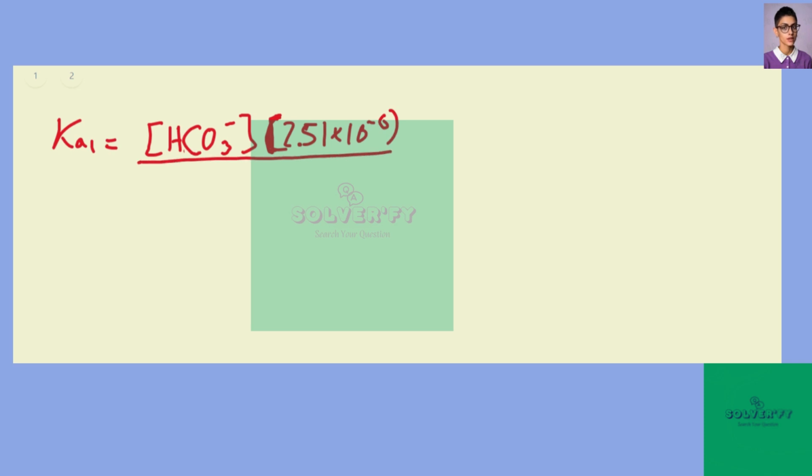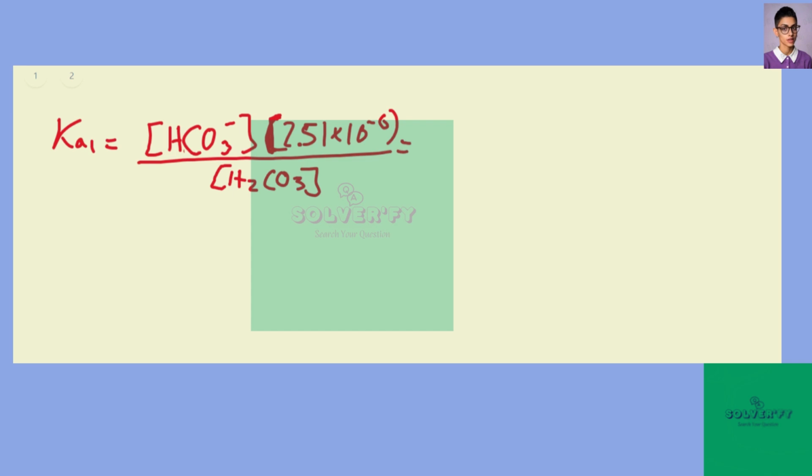So now let's write down the equation for Ka1. We know that this equation is products over reactants. So we have HCO3 minus times the concentration of hydronium, which we just calculated to be 2.51 times 10 to the minus 6, divided by H2CO3 concentration.